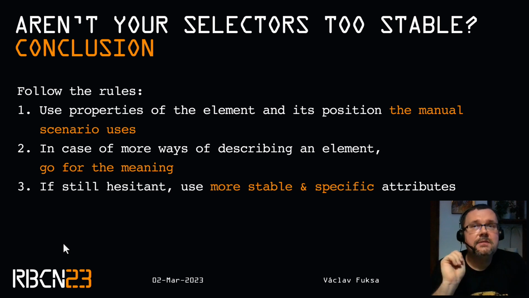The second rule is, if there are more ways of describing an element even after using the first rule, go for the meaning of the element's description in the scenario. And the last one, if you are still hesitant after applying these two rules, choose attributes that are stable and specific.